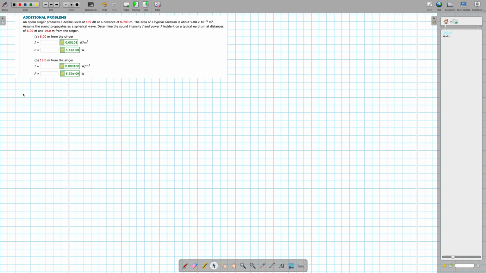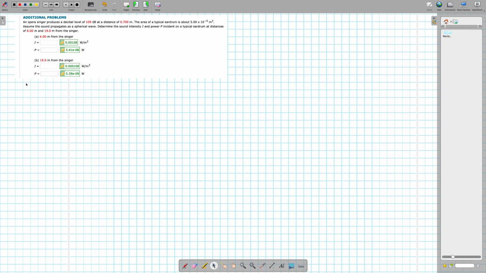So we're given information about the decibel level at this first distance of 0.7 meters. And with that information, we can figure out how much power the singer is producing. And once we know that, then we can calculate the intensity at other distances and figure out how much power is delivered to the eardrum at those other distances.